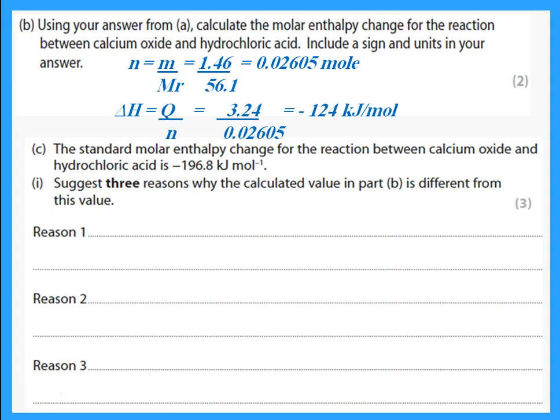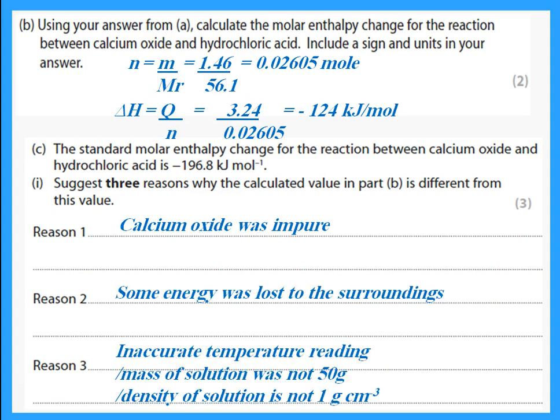Again, you have to remember, if he's asking why our delta H that we calculated in the lab is different, then you can say the calcium oxide was impure, some energy was lost to the surroundings, there was inaccurate measurement of things like temperature or mass or density of the solution, or, if we were talking about a volatile liquid, some of the liquid evaporated, so the mass is not correct. So these are the possible reasons that we could say cause the delta H that we calculate to be different from what it should be.